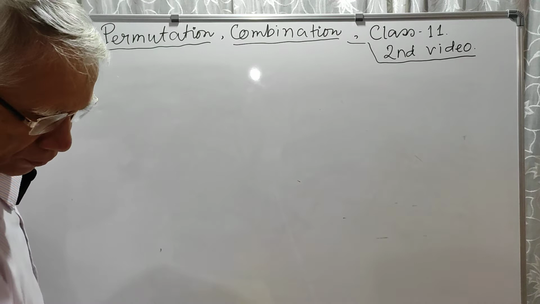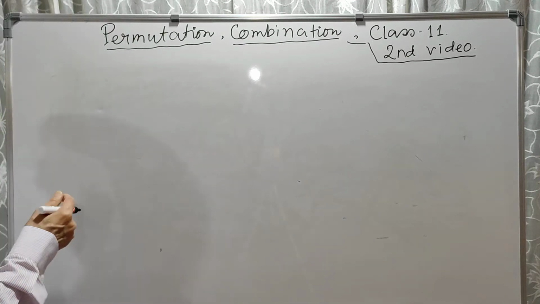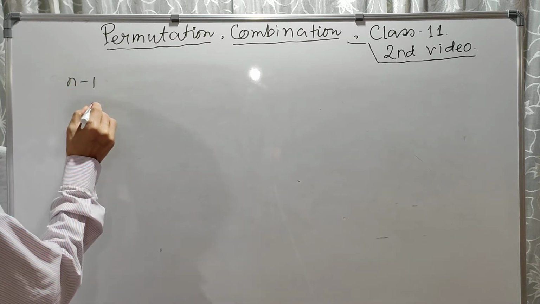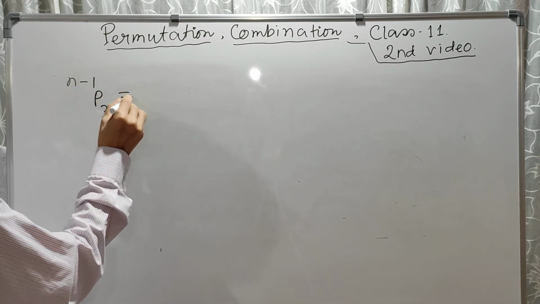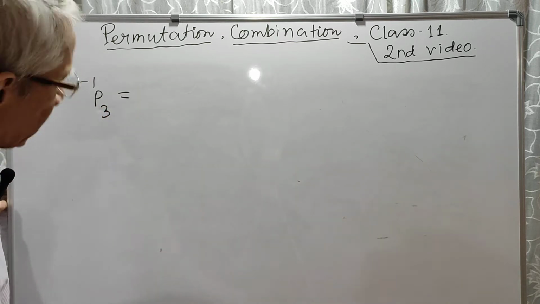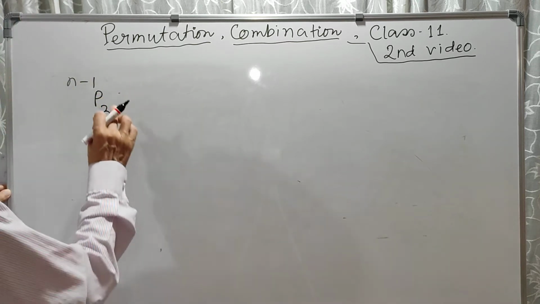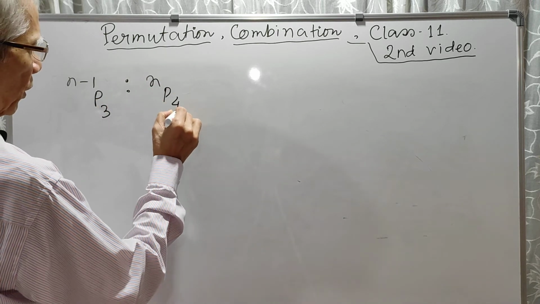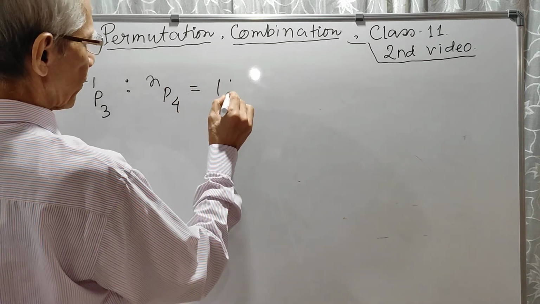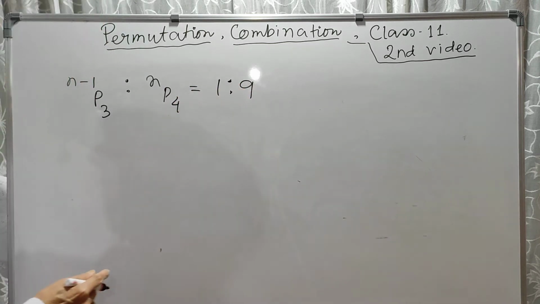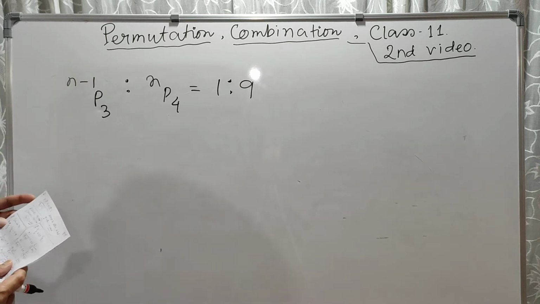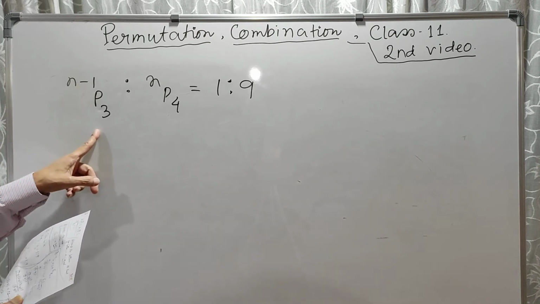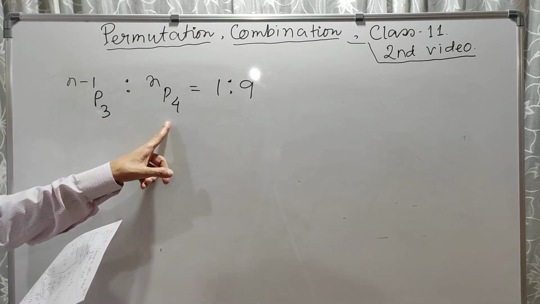Say this question, solve for n. So find the value of n. (n minus 1)P3 is to nP4 equal to 1:9.